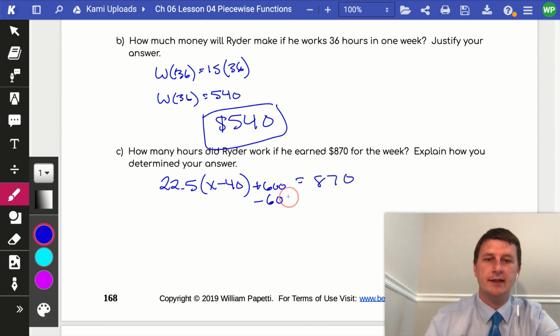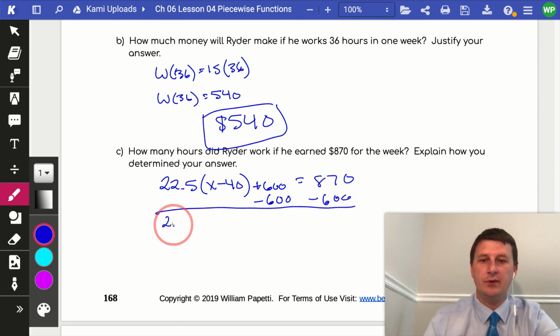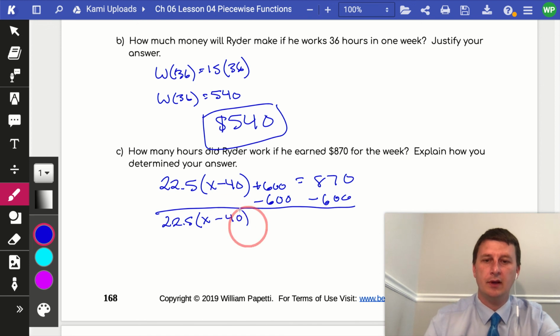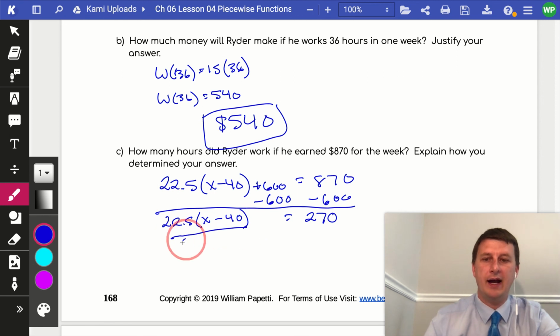So let's go ahead and solve this. I'll subtract 600 from both sides. I'll be left with 22.5 times x minus 40, and that's going to be equal to 270. Now I'm going to divide by 22.5 on both sides.